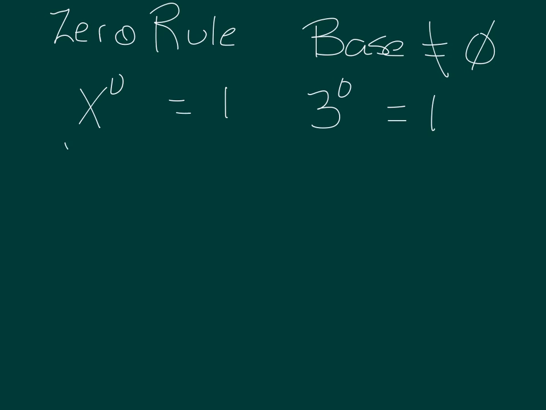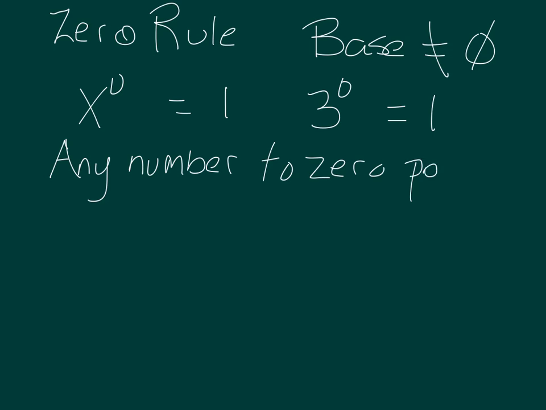Your rule is simply any number to the 0 power equals 1. So I don't care whether it's 1 to the 0 power, 5 to the 0 power, or 856,000 to the 0 power. They all equal 1.